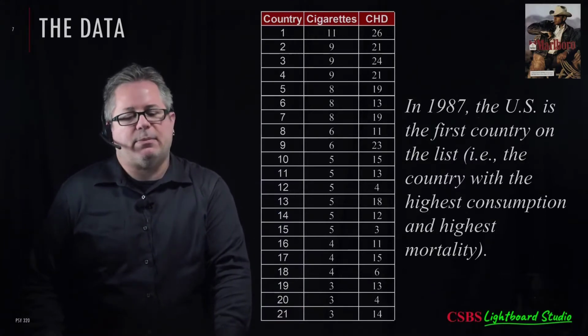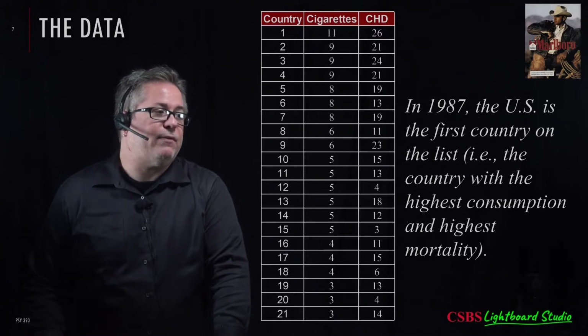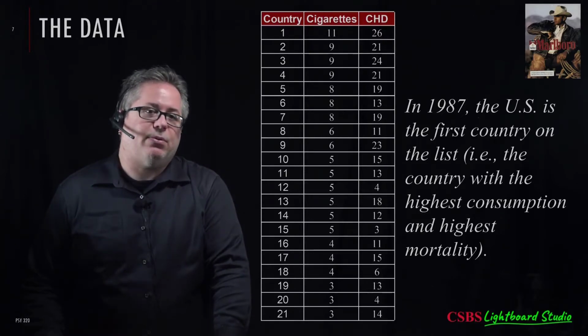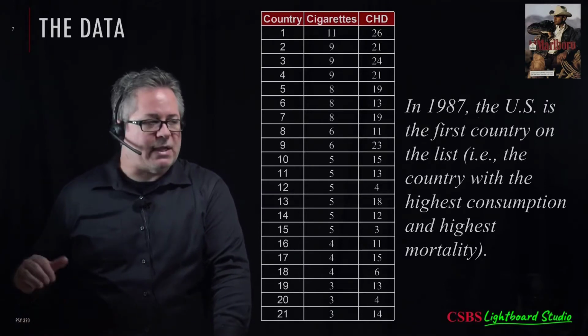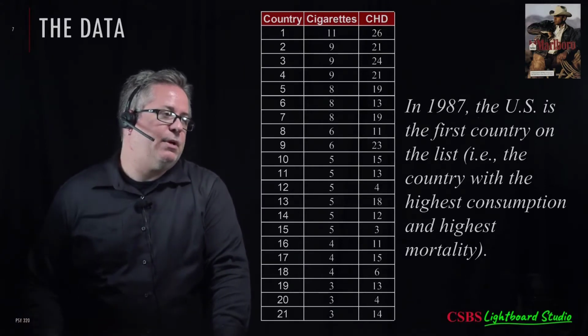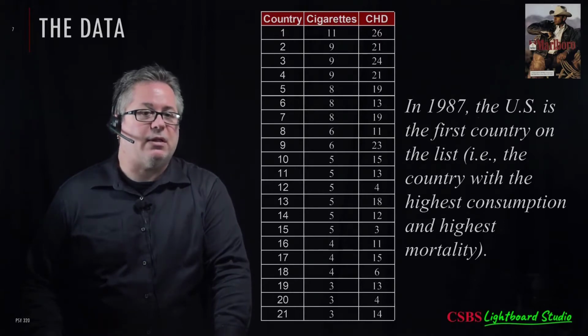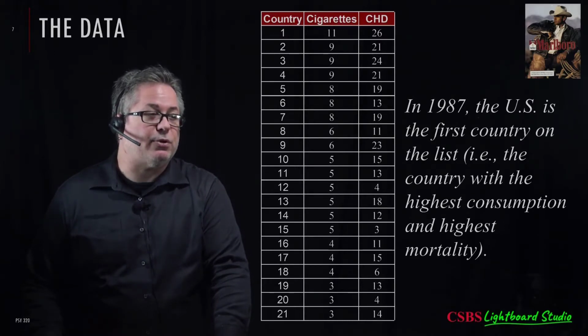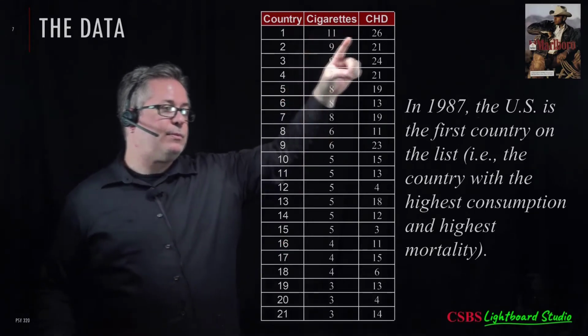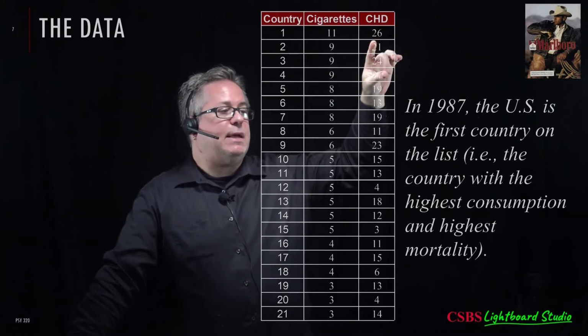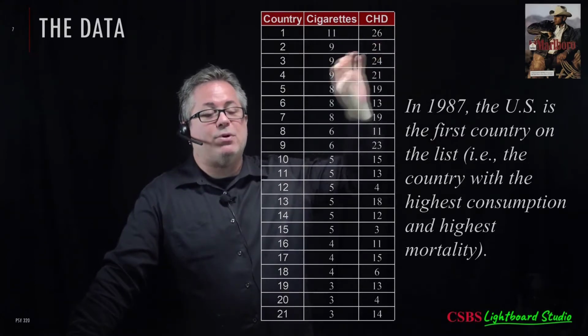They looked at the amount of smoking in the country and figured out there were 11 cigarettes per adult per day. That includes people who did not smoke, so there are lots of zeros, right? But when they averaged it out for the entire country, they found that people are smoking 11 cigarettes on average per adult per day. And then they found there were 26 deaths from coronary heart disease per 10,000 people.